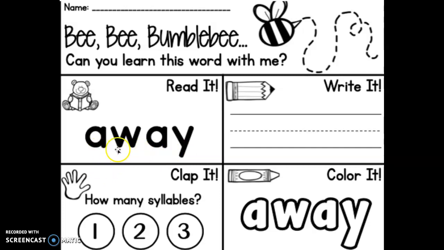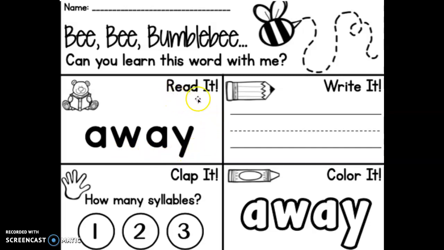Yes, we have A, W, and A. Do we have any basement letters? Yes, we have our Y, a basement letter. Remember, it goes below the baseline. All right, so we know that this word has 4 letters. We know all the names of all of our letters, A, W, A, Y.